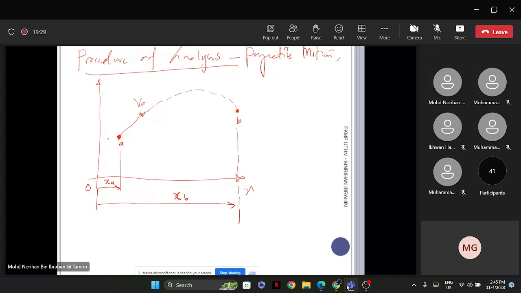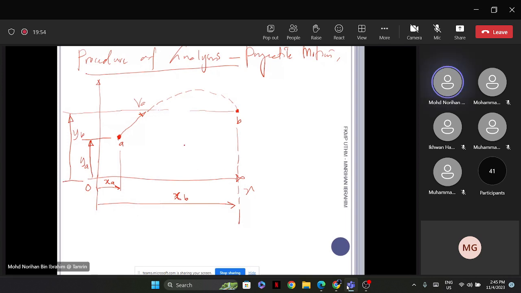From O to A, it has the vertical distance of YA, and from O to B, it has the vertical distance of YB, for example.